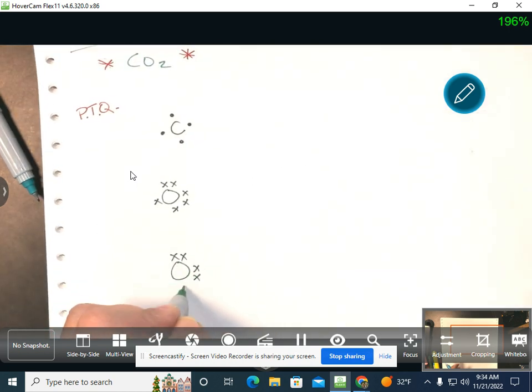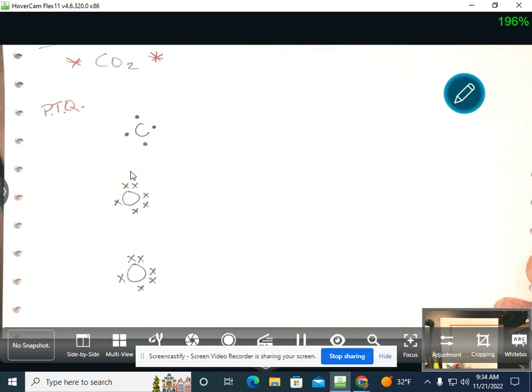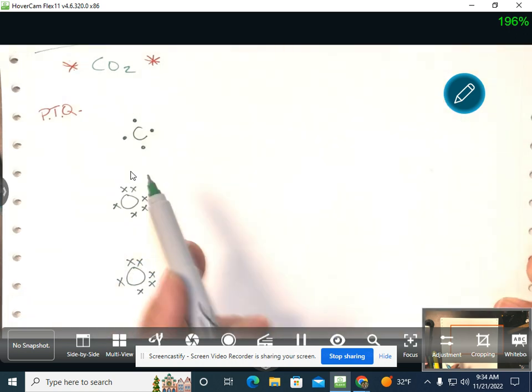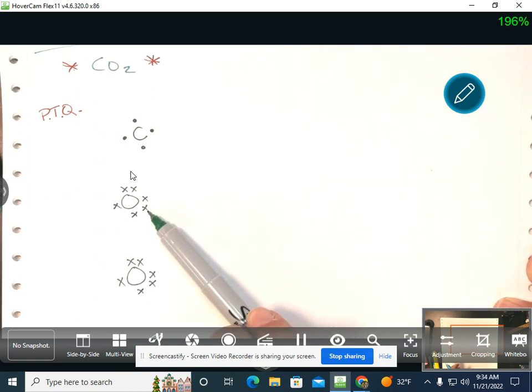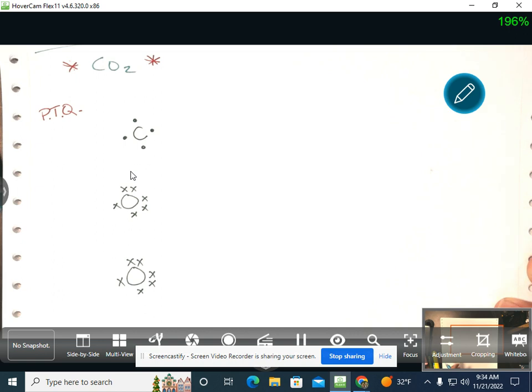This is the way you're supposed to draw every covalent compound, but we're not going to do that because it gets very complicated. Let's just do this. So total, 6 plus 6 is 12 plus 4 more means I have 16 electrons total, right?